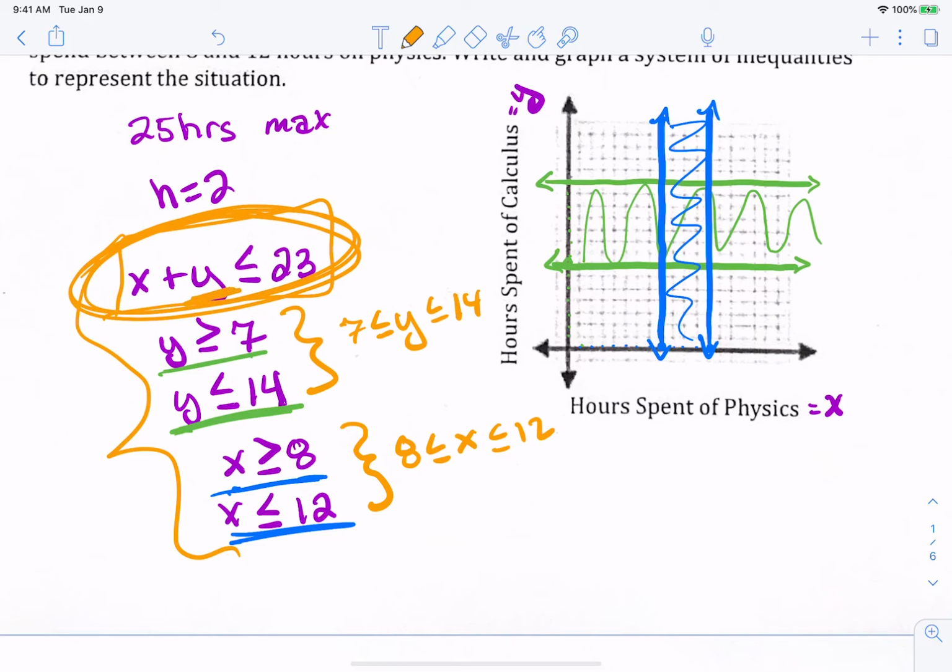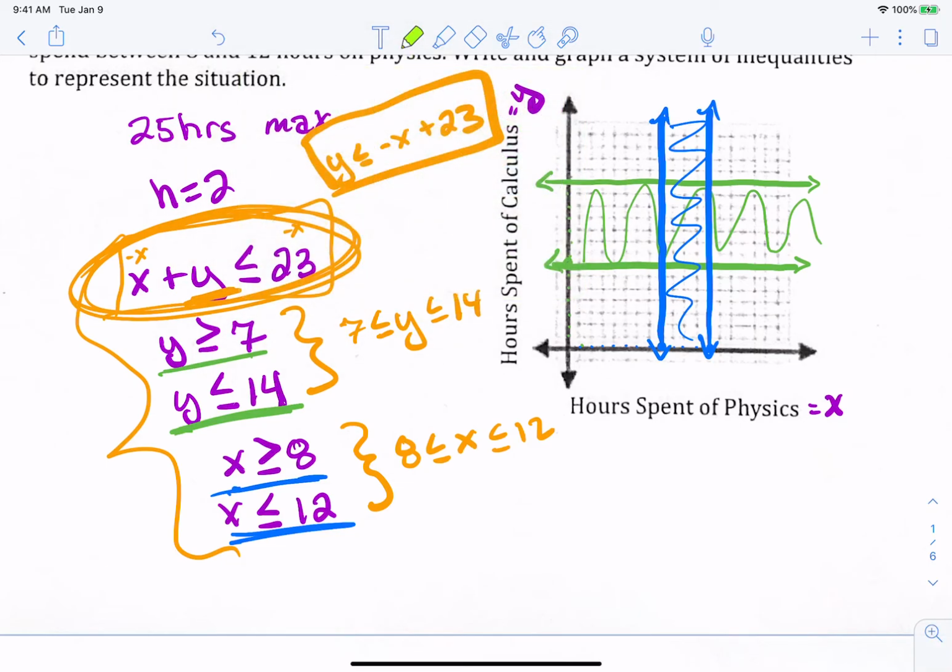So how do I move that X? Minus X. So Y is less than or equal to negative X plus 23. That's what we're going to start with.